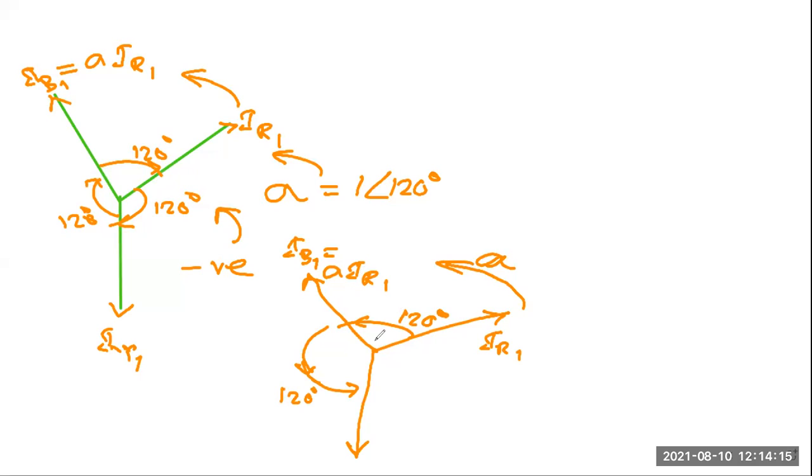That means this vector now takes the position of this one, because if you multiply any vector with A, there will be phase displacement of 120 degree and the direction will be anti-clockwise. So this becomes A square into IR1, and this A square into IR1 is your IY1. Now is it clear?